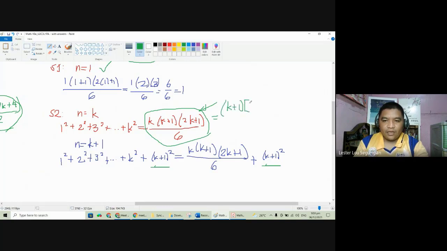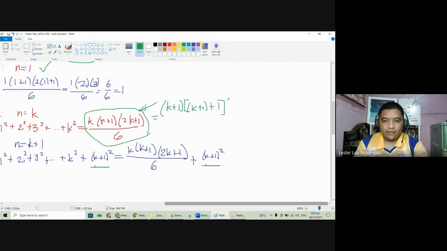The next value here will become k plus 1. And since we have another 1 here, it looks like that. And then the k will become k plus 1 plus 1 all over 6. Or in simplest form, we'll have k plus 1 times k plus 1 plus 1.